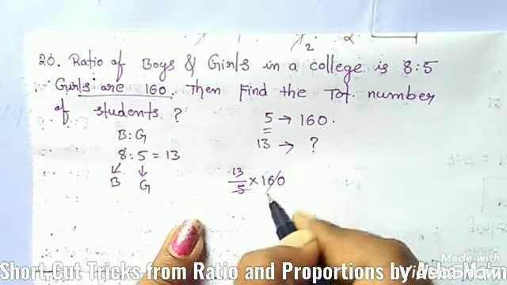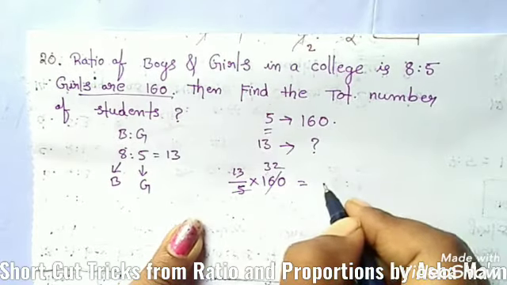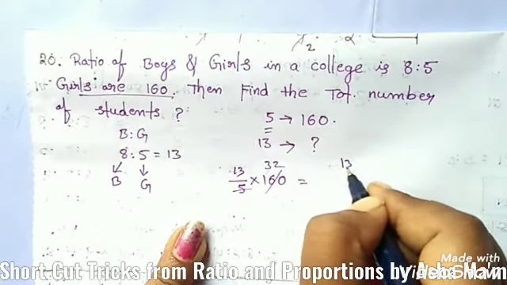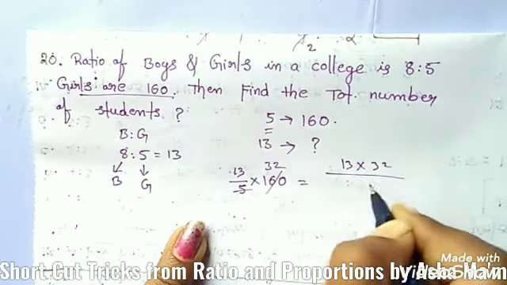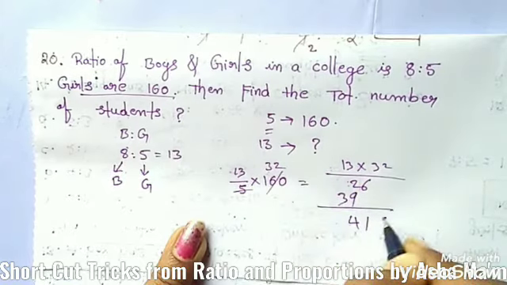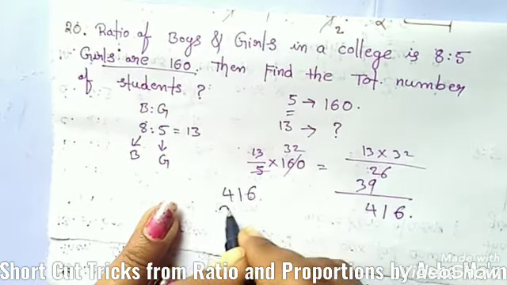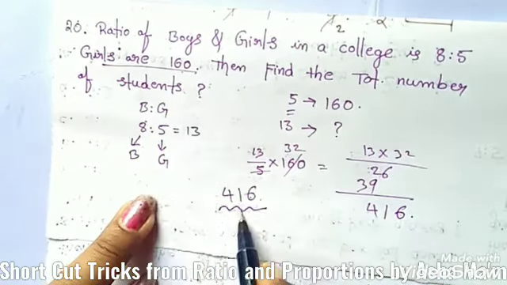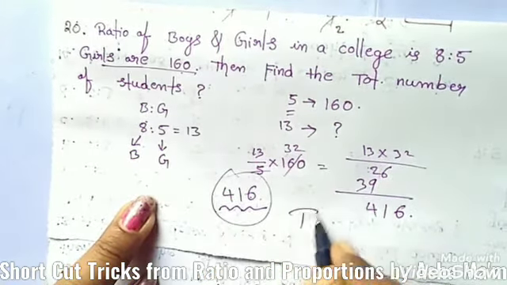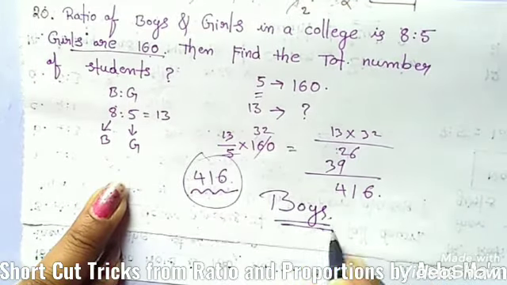This 5 will be cancelled in this 160, 32 times. 13 into 32, that is 416. So the total number of students are 416. If you subtract 160 from this number, you should get the total number of boys. That is the question.